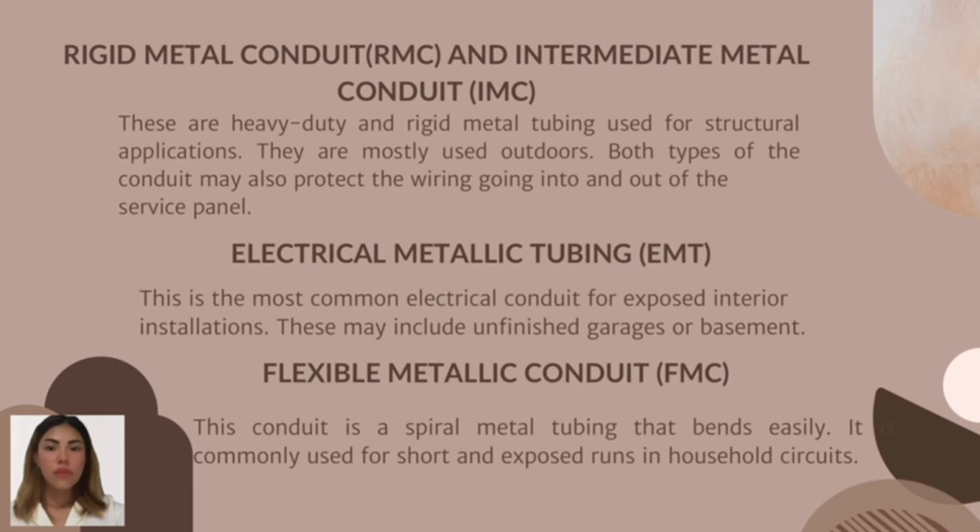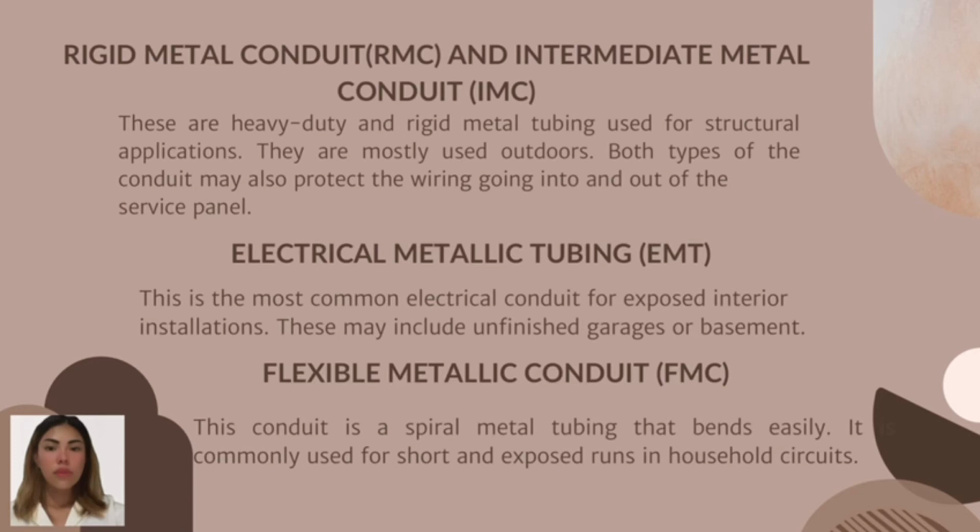These come in different diameters. It is also called thin wall and is easy to bend with a tool called conduit bender. The National Electrical Code or NEC permits EMT for dry and wet locations, but it requires special watertight fittings and connectors in wet locations.